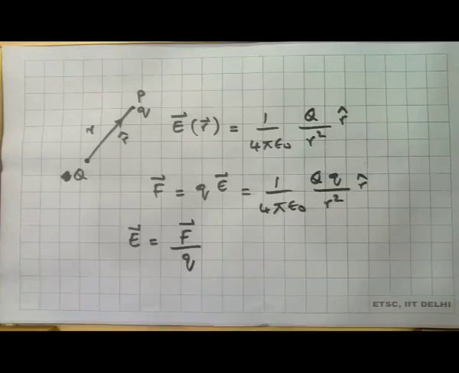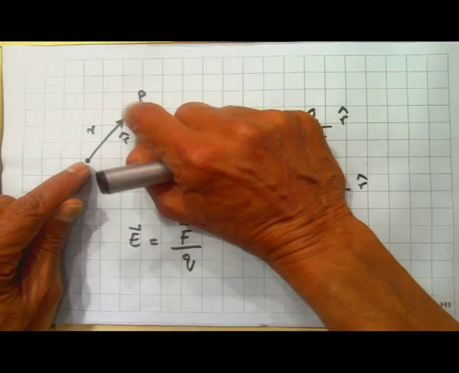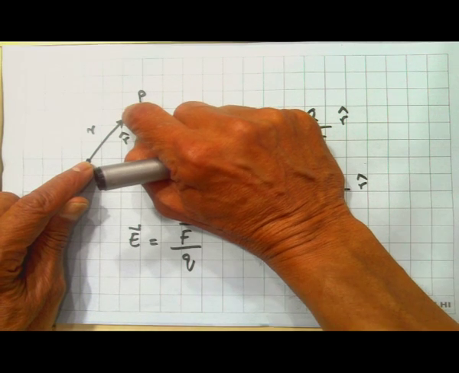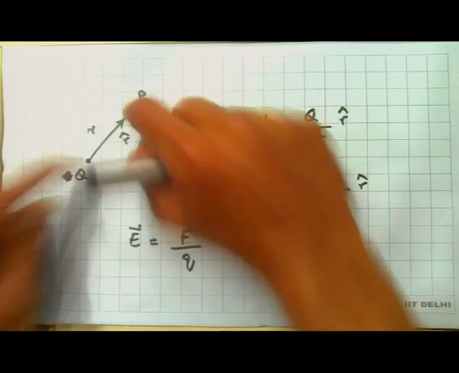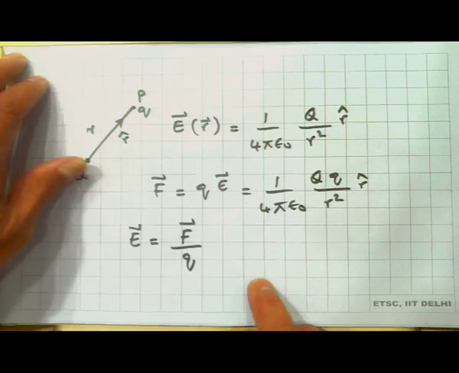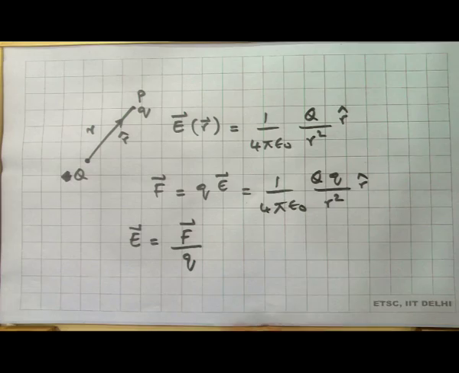So, if you have a charge capital Q here, I can put a unit charge at this point and see the force that is felt by this charge, and that force will be called the electric field.